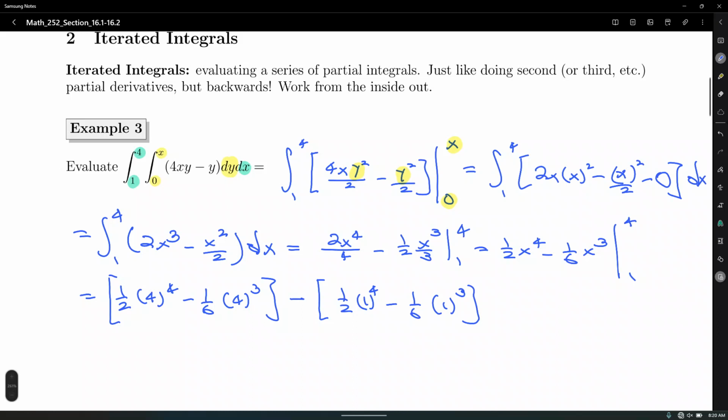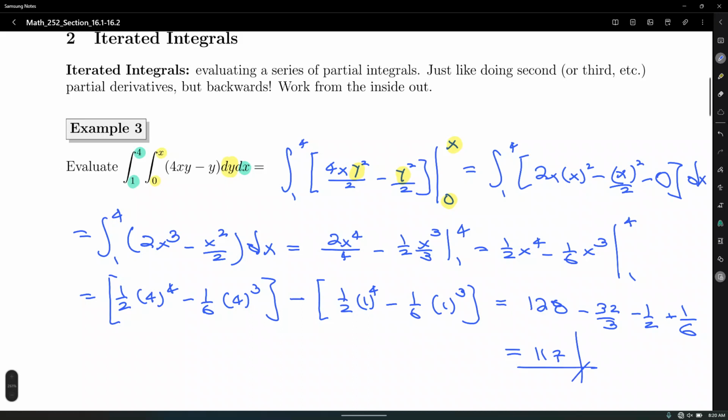According to my notes, I get 128 for the first group of parentheses, that's 128 only for the first number, minus 32 over 3. And then careful, minus 1/2 minus equals plus 1/6. And simplifying all this should give us actually a nice integer, 117. Right? So that's what I get in my notes.